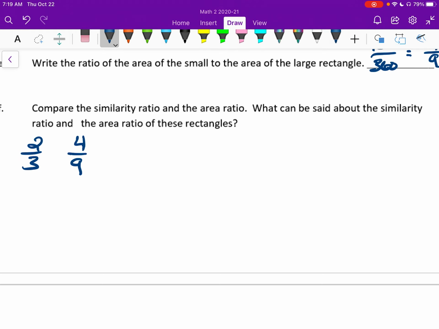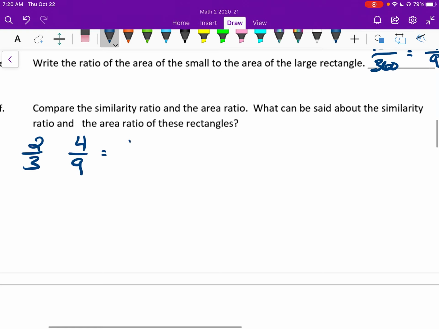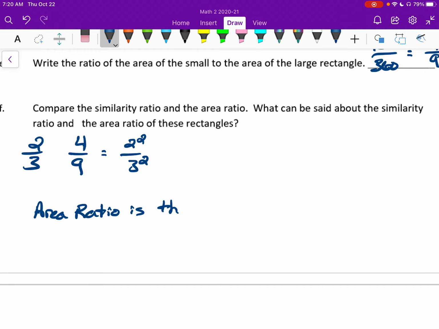What can be said about the similarity ratio and the area ratio? Well, 4 over 9 is the same thing as 2 squared over 3 squared. Do we see that? So we could say the area ratio is the similarity ratio squared.